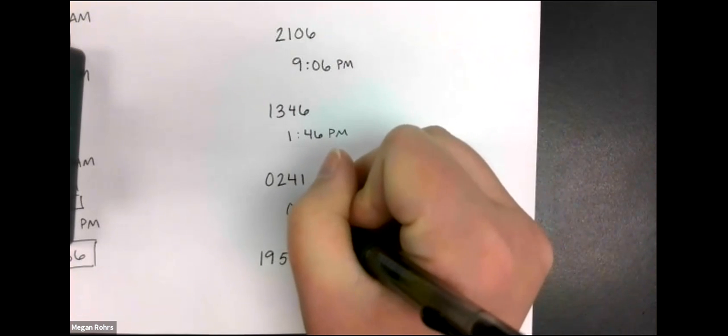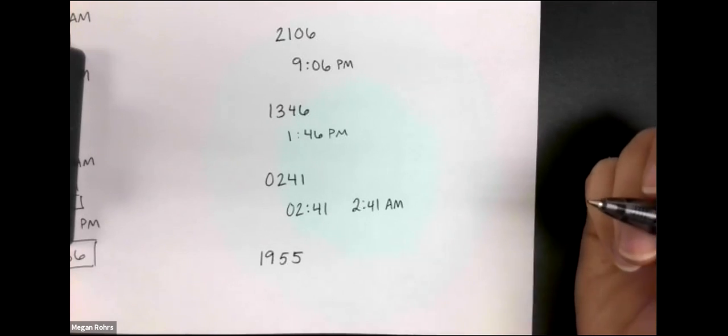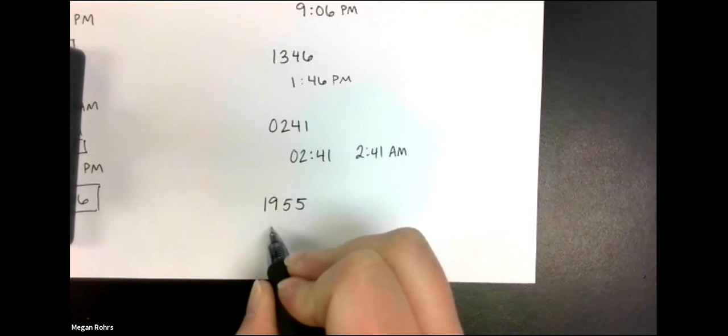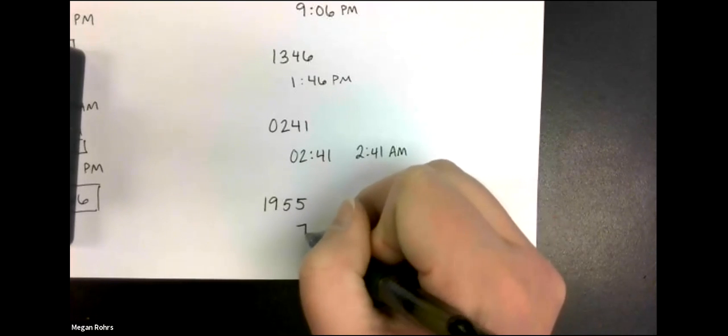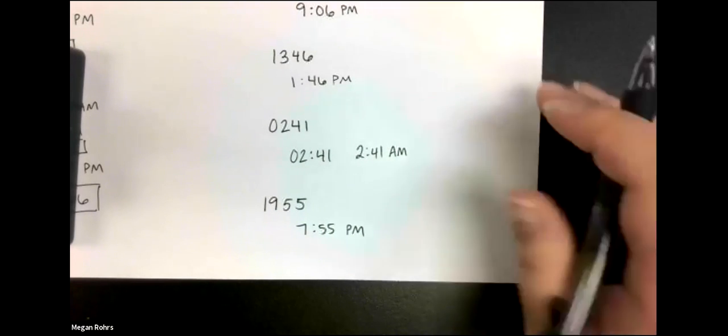You do not even need to have that 0 on there. So 2:41 is just fine. And that's going to be after 1 a.m. And then lastly here we have 1955. So subtract out your 12 would give us 7:55. And we know that has to be in the afternoon or in the evening.